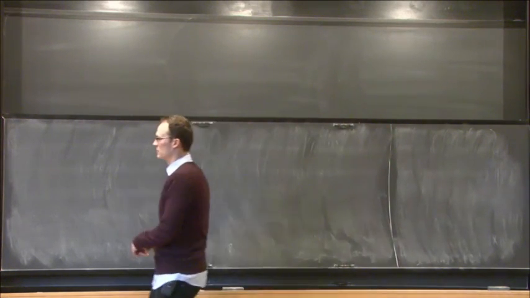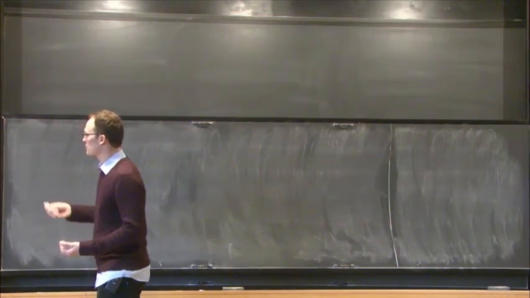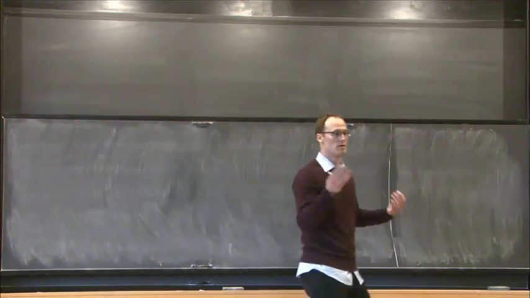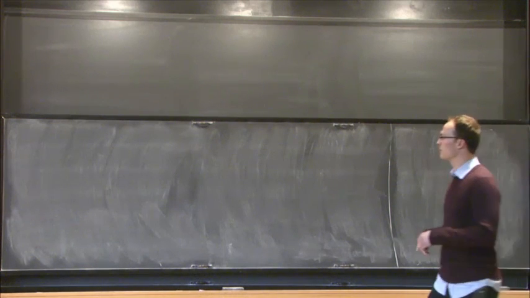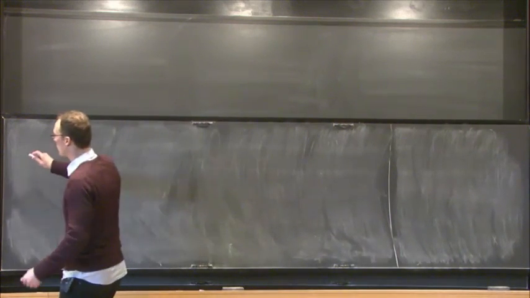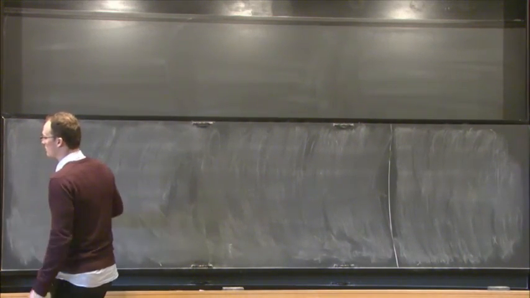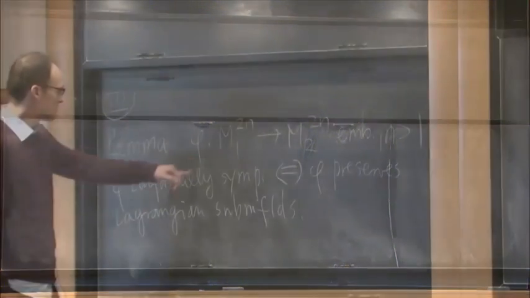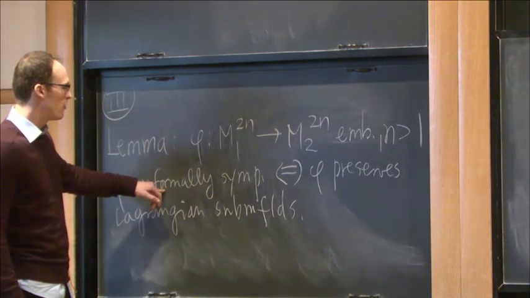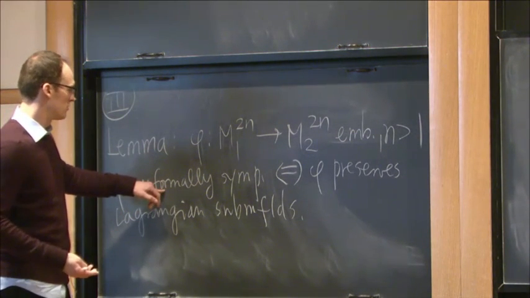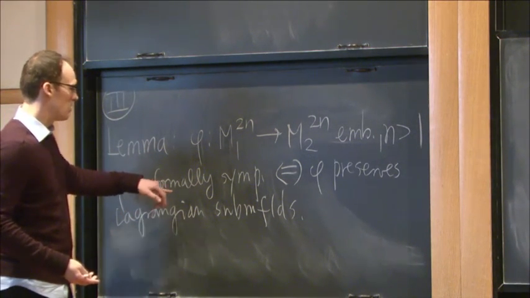All right. And preserves Lagrangian submanifolds just means if you take a Lagrangian, you look at its image, it's again Lagrangian. Okay, so this direction is clear. If something is conformally symplectic, then it preserves Lagrangian submanifolds. So I want to prove the converse.